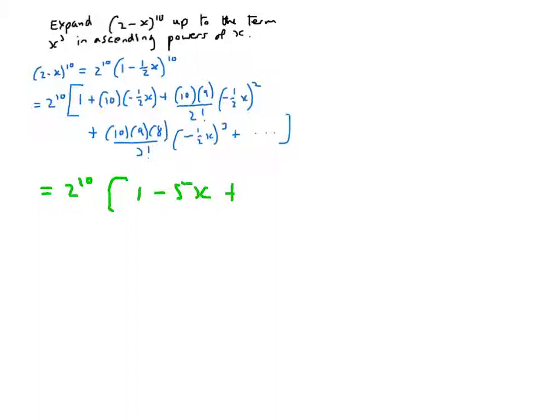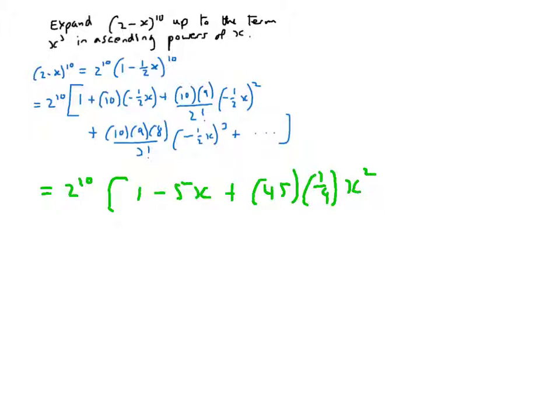Plus 10 divided by 2 factorial is 5, so 5 times 9 is 45, and then if I put minus a half squared in my calculator, I would get a quarter, so a quarter times x squared, yeah?